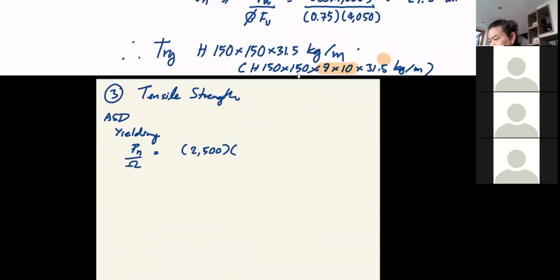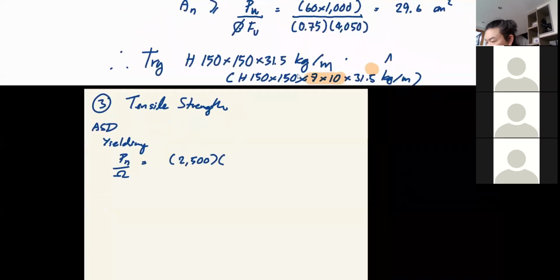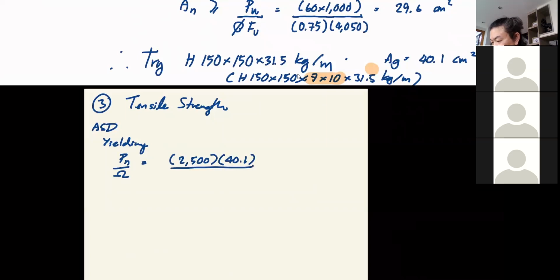I didn't write it down here, right? The gross area is 40.1 square centimeter. And then the factor of safety is 5/3. Notice that 5/3 is the denominator, so when you swap the fraction, it becomes 0.6, right?